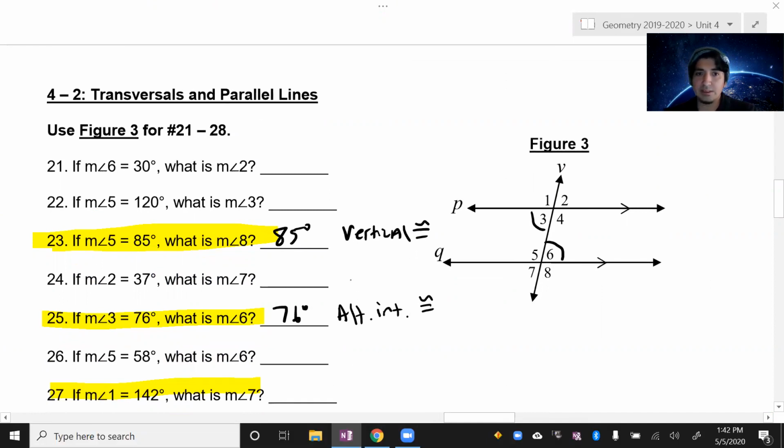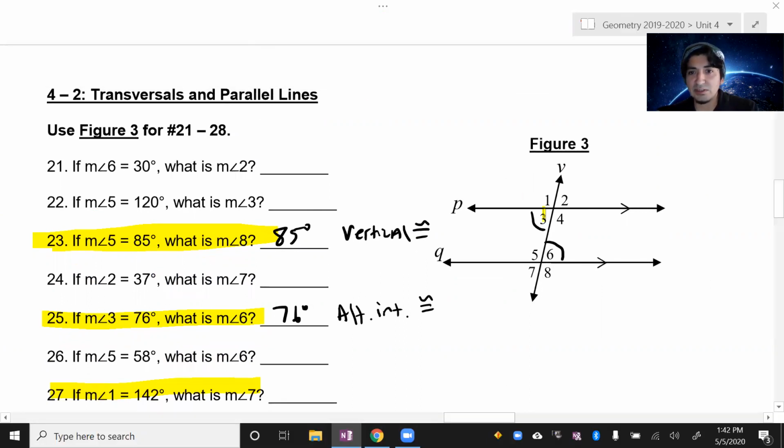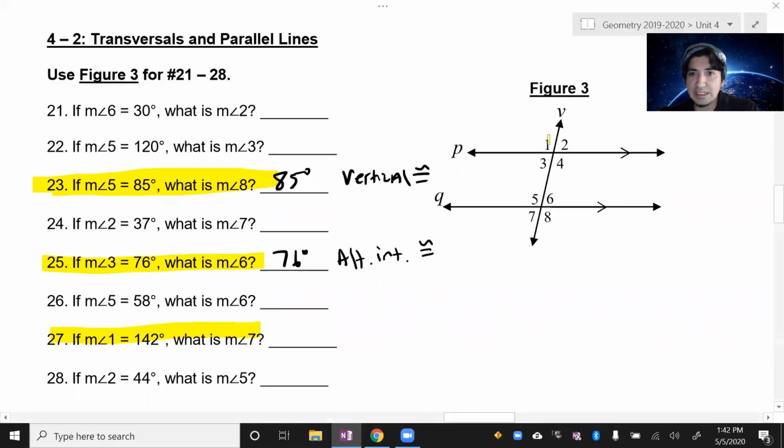Okay. So just be aware of when you have these situations go down, because you just need to focus on the angles that are there. All right, 1 and 7. So I got angle 1 and I got angle 7. Now here's the thing.